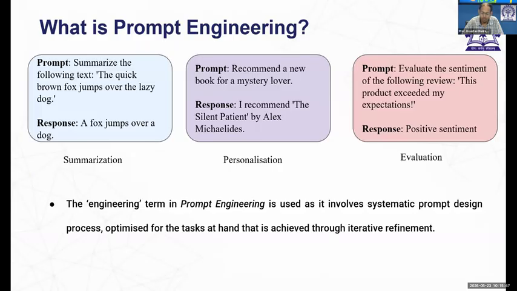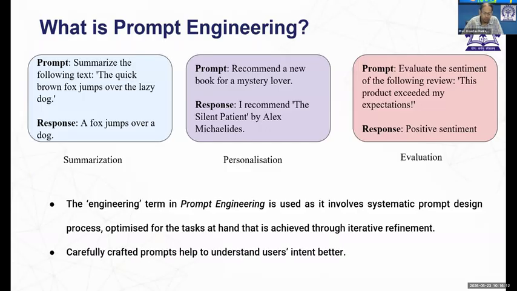So, what does that mean? That systematic prompt design. Maybe with the first prompt that we use, we may not get the desired response. And based on the response, we can think about what modifications or adjustments we have to make to our prompt. And finally, how can you get that? Iterative refinement can help you to adjust your prompts.